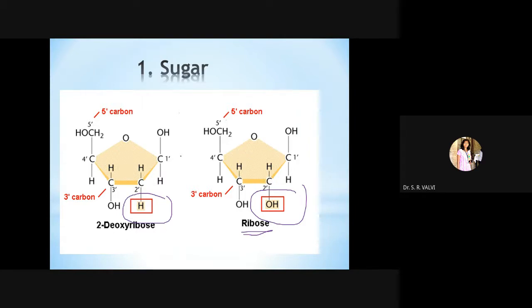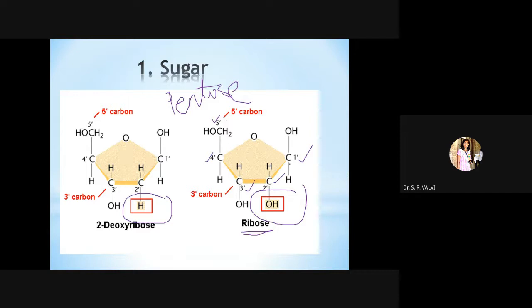Okay, so in the sugar again see 1 prime, 2 prime, 3 prime, 4 prime and 5 prime. So a sugar containing 5 carbon atoms is a pentose. Both these are what? These are pentose sugars, right? Five carbon containing sugars. Here also you can see first prime, second prime, third prime, fourth prime and this is the fifth prime.